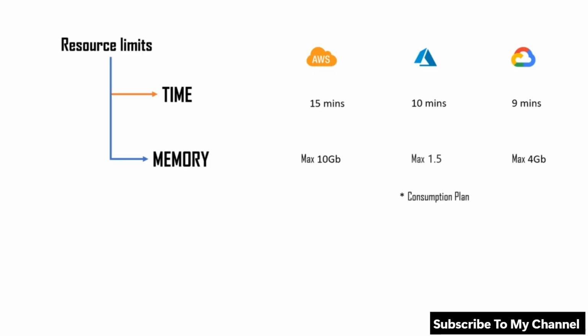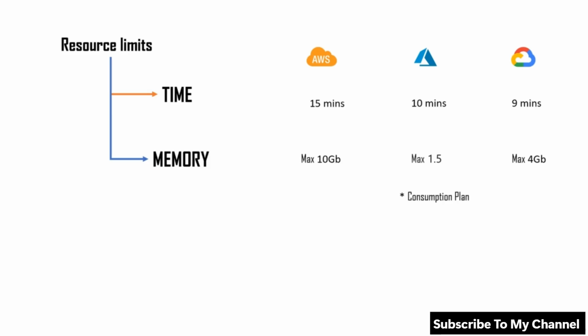For example, at this moment, if you're using AWS Lambda, your function cannot run for more than 15 minutes. Similarly, if you're using Azure, your function cannot run for more than 10 minutes, if you're using the consumption plan. These are different for the other plans, however. And if you're using GCP, the maximum that your code can run for is 9 minutes.